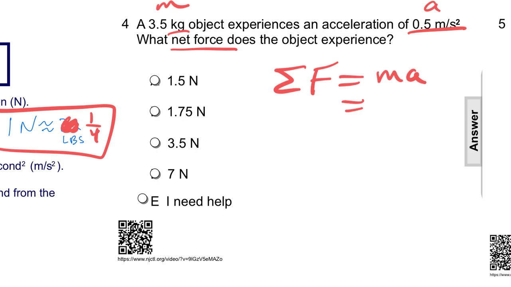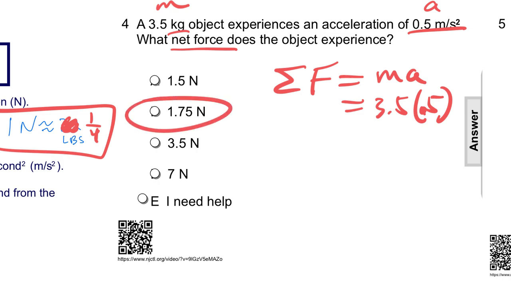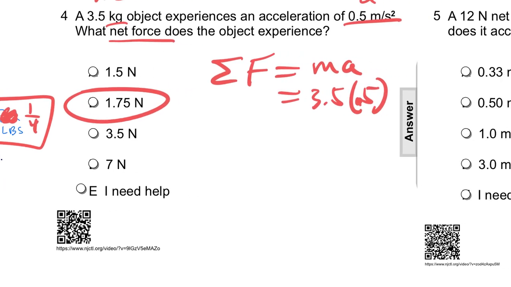So that equals 3.5 times 0.5, which is 3.5 divided by 2, 1.75 newtons.